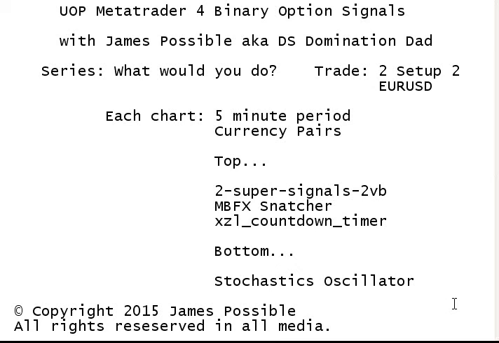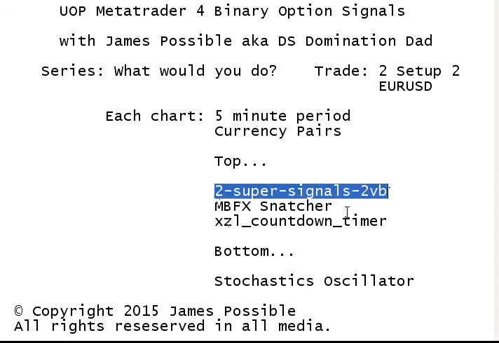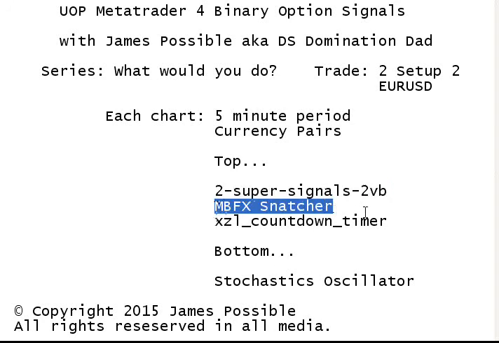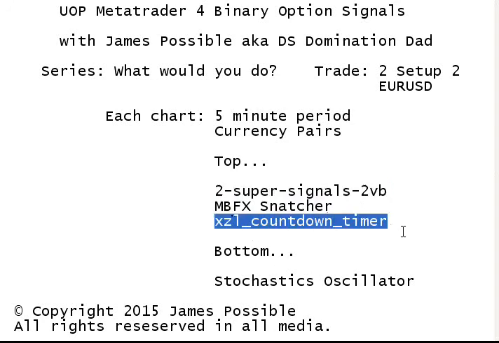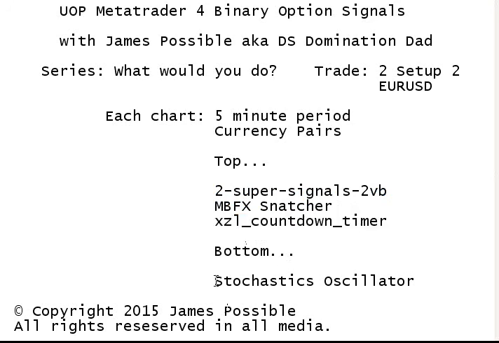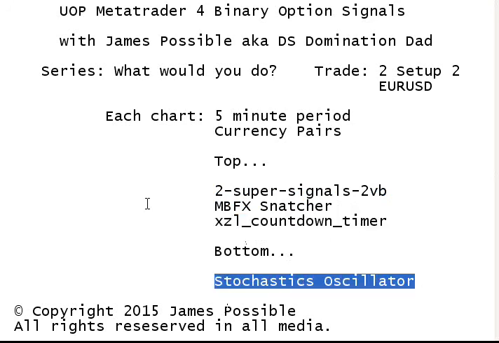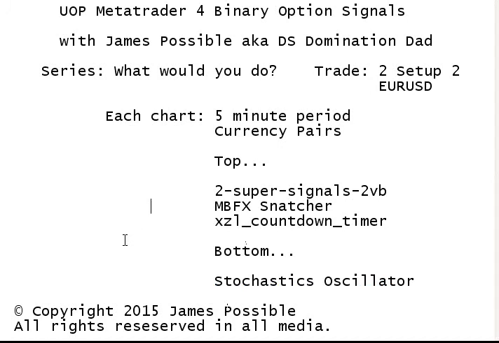The top of the chart has 3 signal indicators. The first one is the 2 super signals, 2VB, the MBFX snatcher, and then the XZL countdown timer. And then on the bottom is the stochastics oscillator, which is found under indicators, in the oscillator folder.